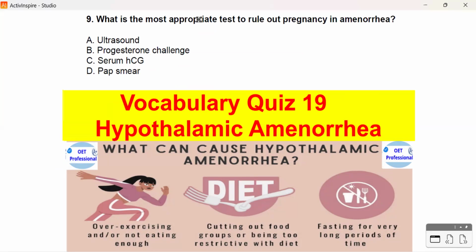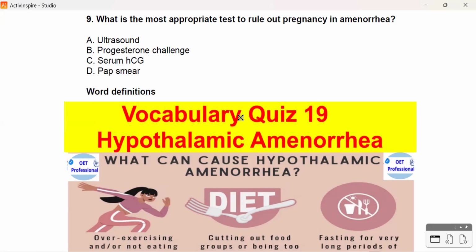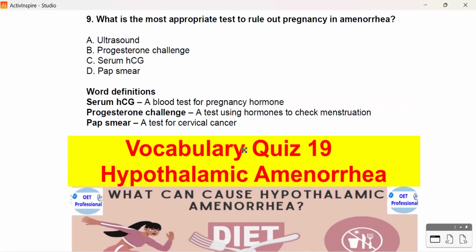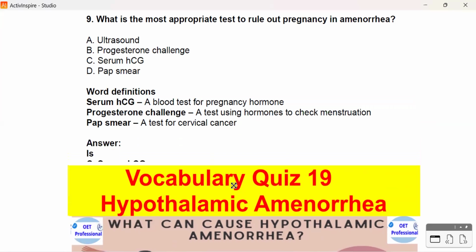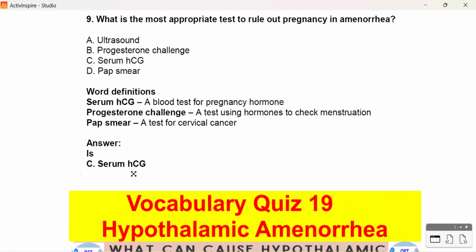What is the most appropriate test to rule out pregnancy in amenorrhea? Ultrasound, progesterone challenge, serum HCG, or pap smear? The correct answer is serum HCG, a blood test for pregnancy hormone.